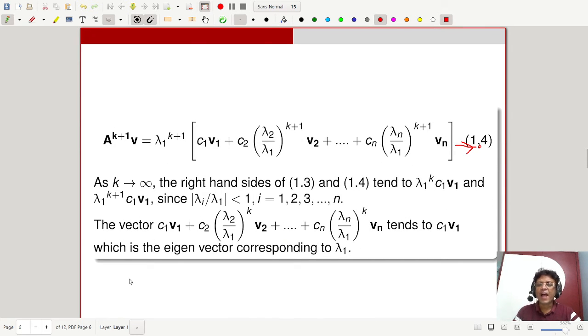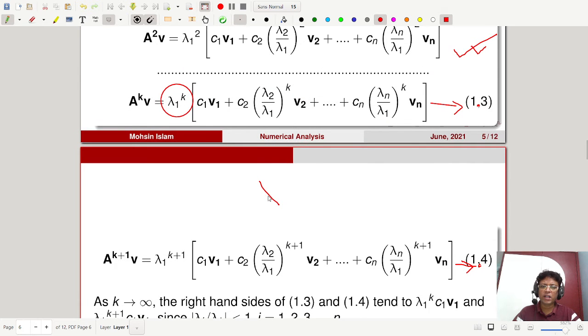Now, as k goes to infinity, the right hand side of 1.3 and 1.4 tends to this one. Why? Because modulus of lambda 1 is more than modulus of lambda 2, so naturally lambda 2 by lambda 1 must be less than 1 in magnitude.